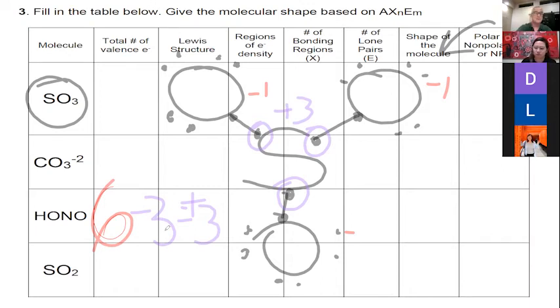Because what happens when you have a negative charge and a positive charge next to it, where do you think the electrons are going to go? Where do electrons like to go? What charge are they? Negative. They're negative. And if they see a positive charge right next to it, which direction are they going to go? Towards the positive. Toward the positive in a pretty big way.